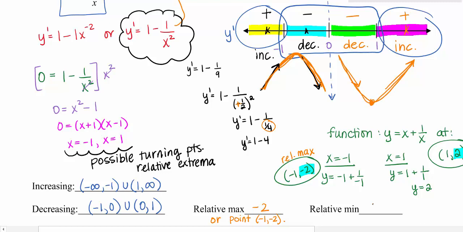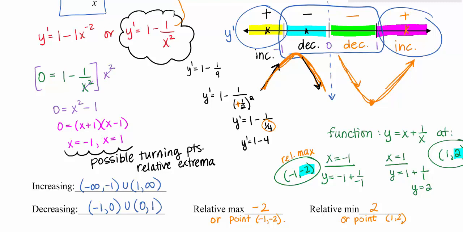So I would say that's at y equals 2 or the point 1, 2. Okay, so again, you can't just look at the end point unless you're trying to find that absolute max and min. But if you're talking about the calculus of it, that relative or local max and min, you've got to look at the behavior of that original graph.